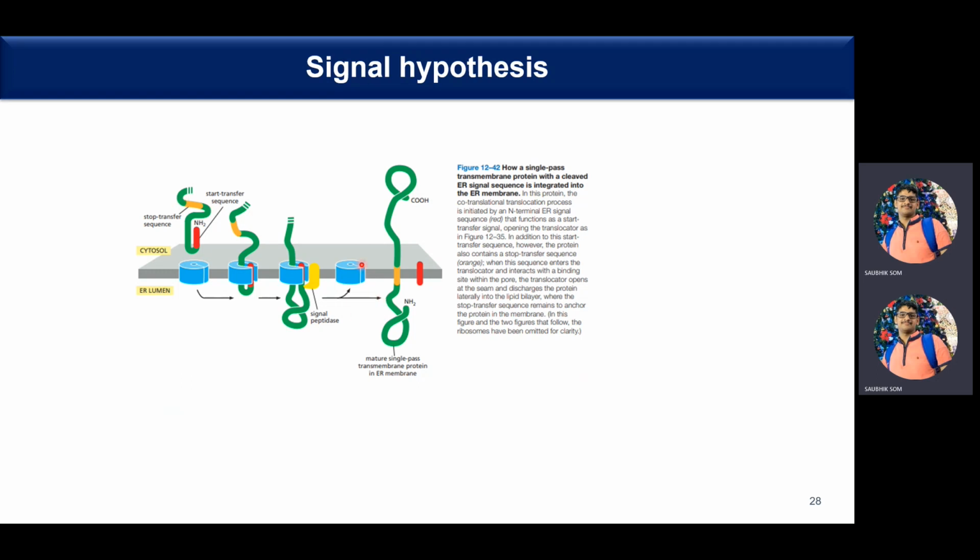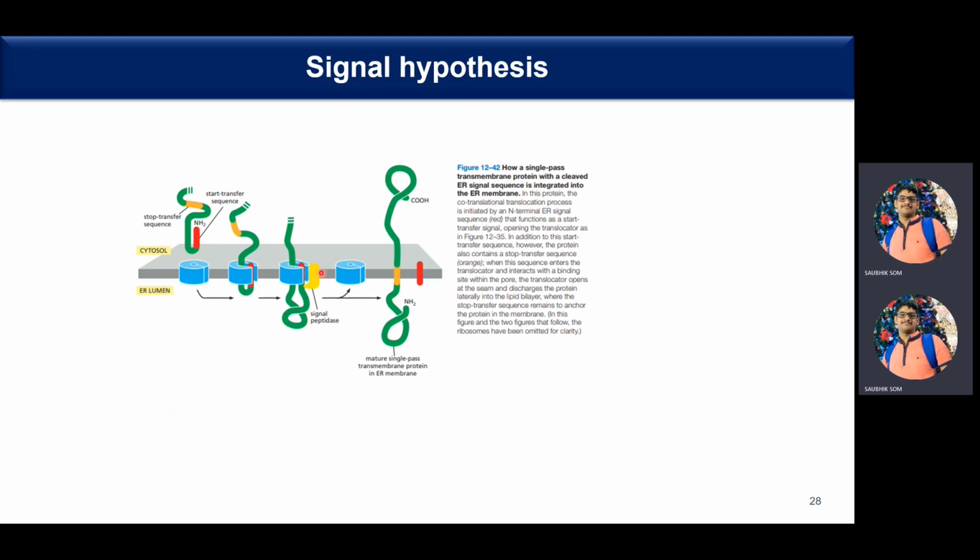As you remember, hydrophobic regions bind to the membrane, and hydrophobic stretches don't like to be in the open lumen, so they always try to fit in the membrane. This hydrophobic sequence is also known as the stop transfer sequence, because it stops the transfer of the protein inside the ER lumen.